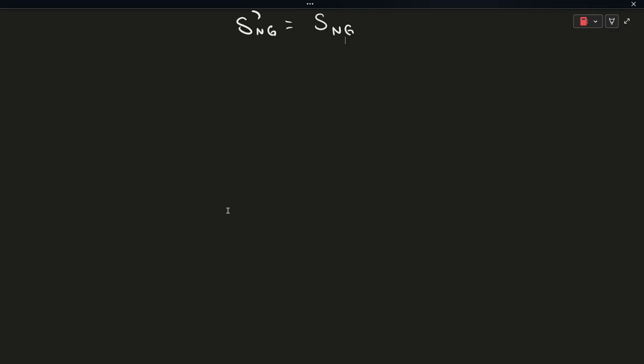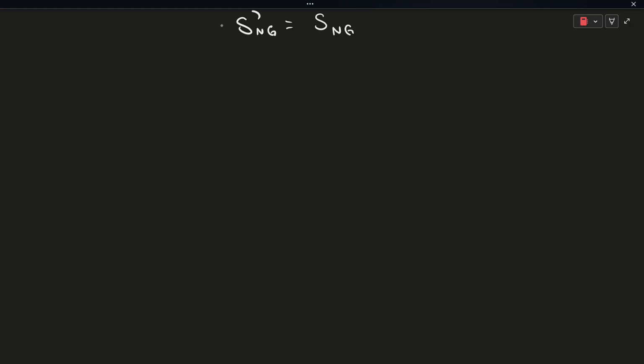So instead of a total reparametrization of the coordinates, we're going to talk about a partial reparametrization, which is called the static gauge.